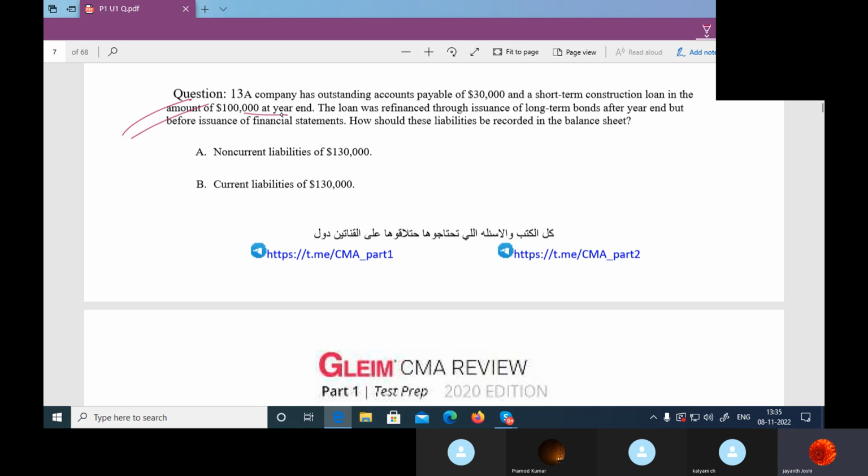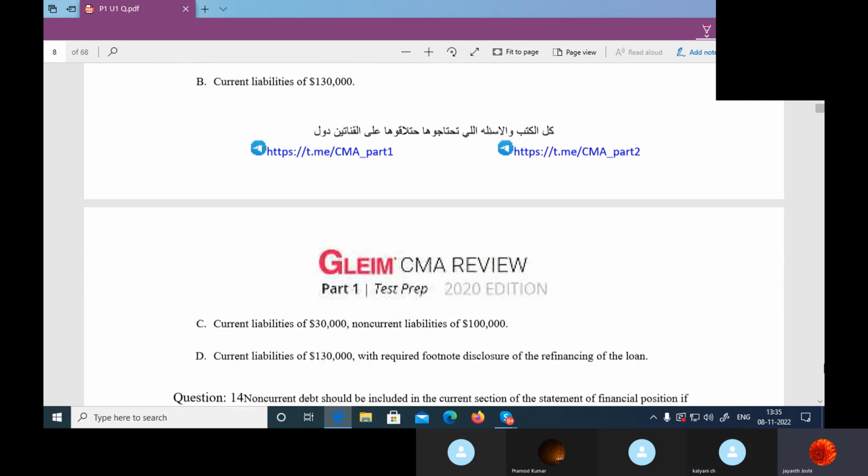The loan was refinanced through long-term bonds after year end, but before issuance of the financial statements. Then how would these liabilities be recorded in the balance sheet is the question. So what is your take? There are four options here.